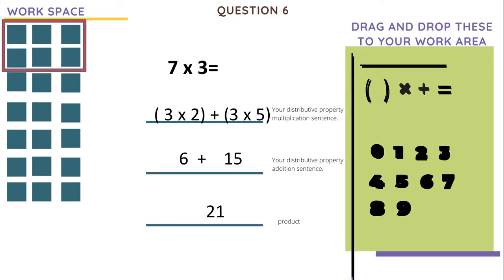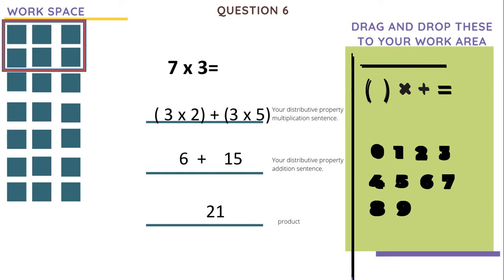Last but not least, we have 7 times 3. 7s are not facts that I always have memorized. 3s is a little bit harder to skip count by. So instead, I decided to break my 7 into 2 and 5. 5 plus 2 equals 7. So that is how I broke it apart.